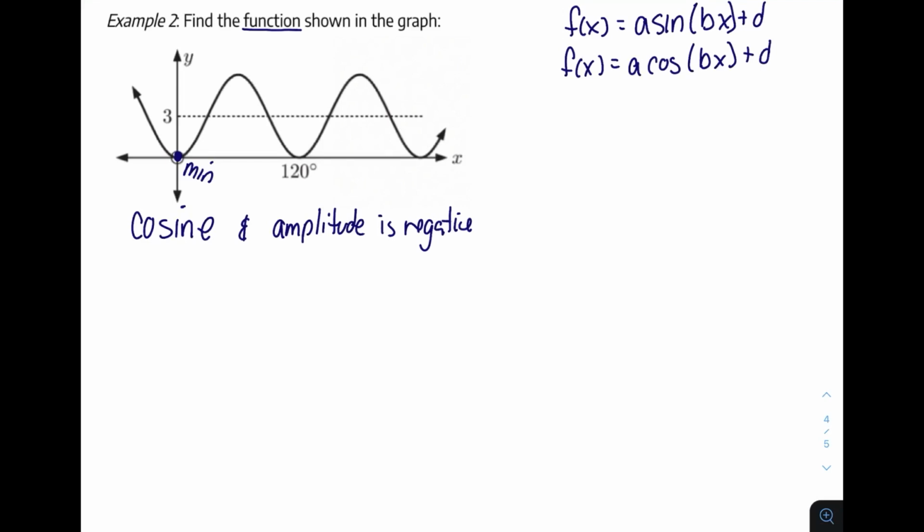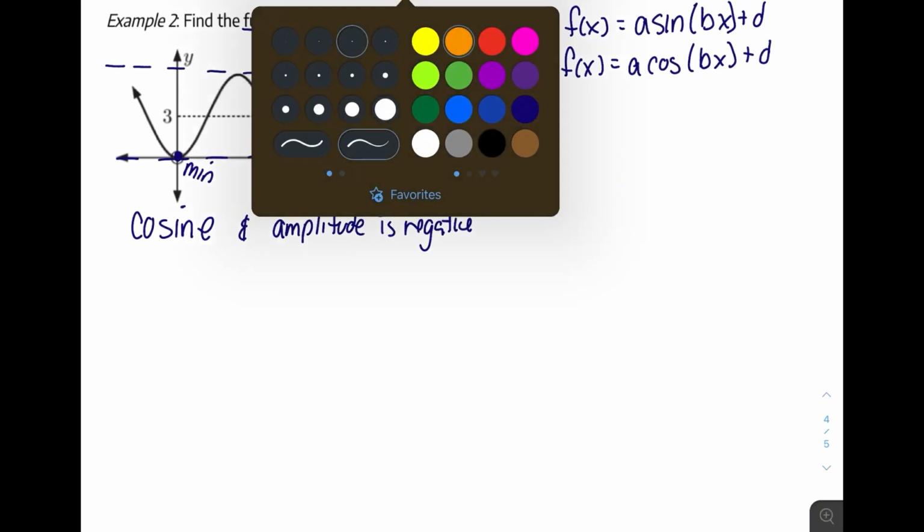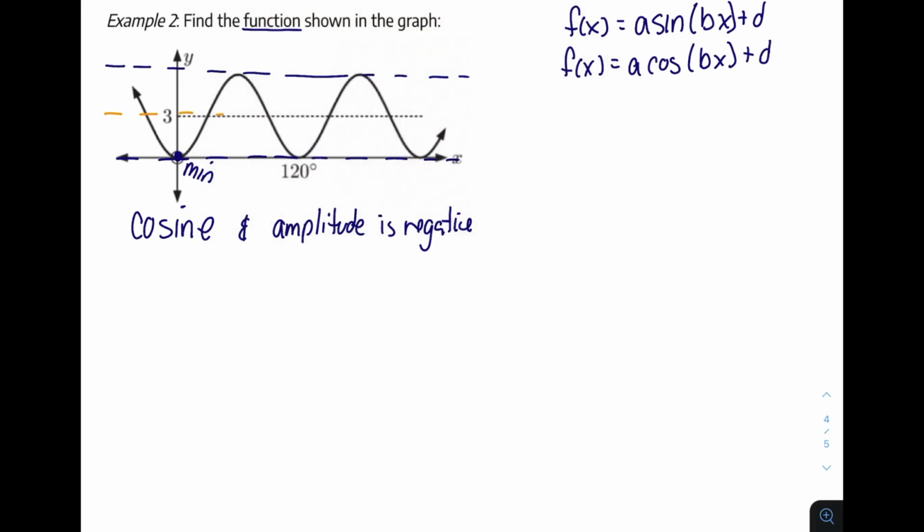Now let's go and find the parameters of a, b, and d. First, I like to draw dotted lines where the minimums are and then also where the maximums are. This helps me to find the principal axis, which is exactly halfway in between. In this case, they're telling me that the principal axis is equal to 3.